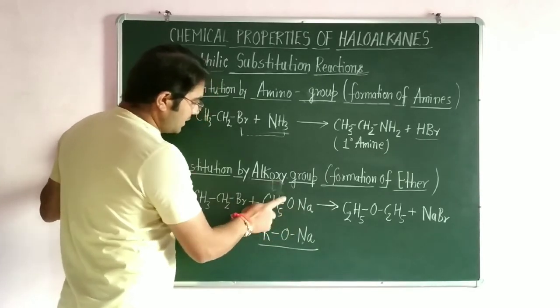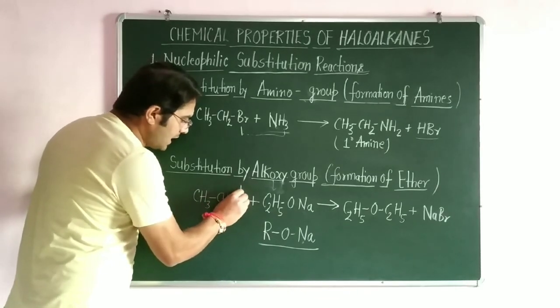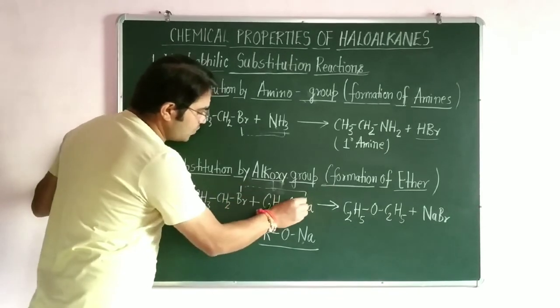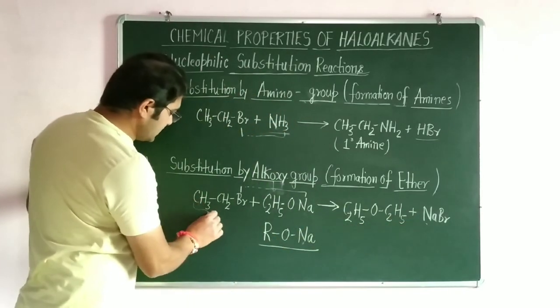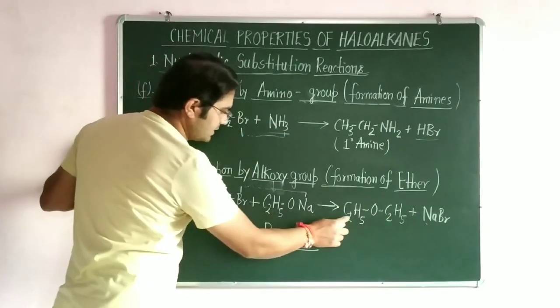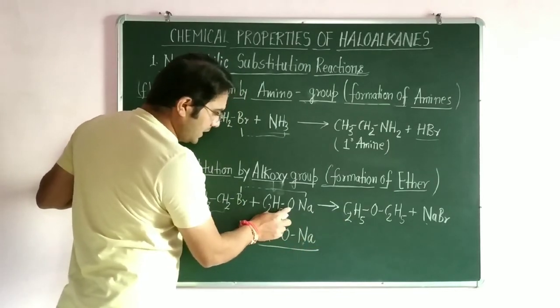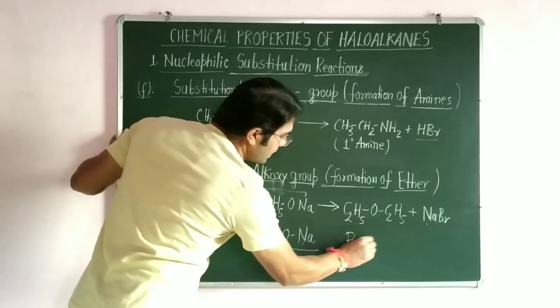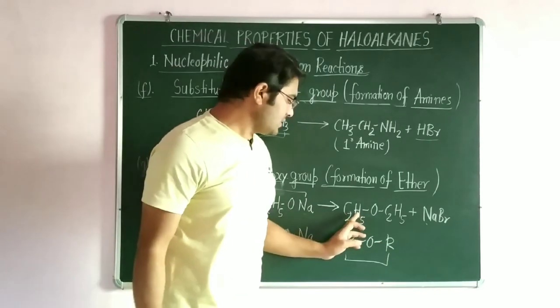So when this alkoxide is treated with the halide, Br and the sodium leave as NaBr from this reaction, and this part CH3CH2, simply we write C2H5, and this O linkage. So it forms the ROR linkage, that is the functional group formula for ether.